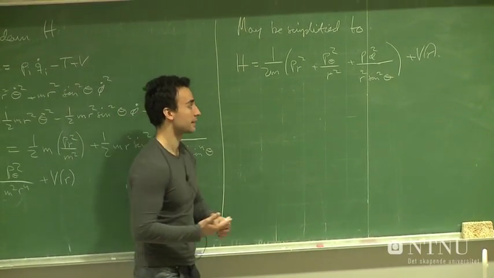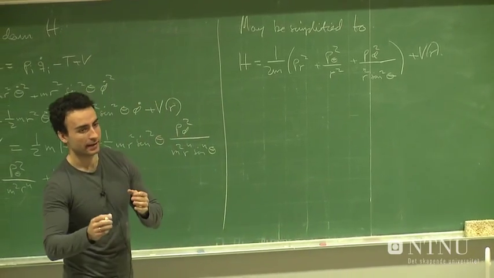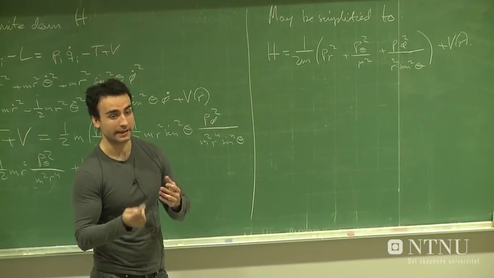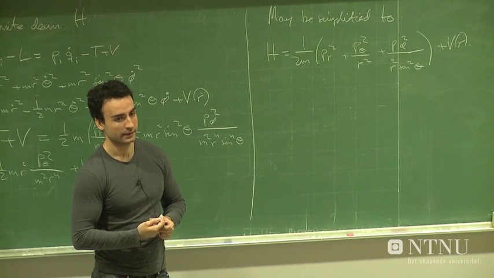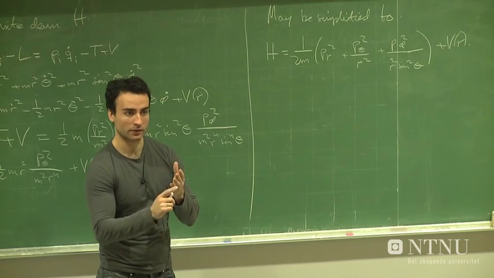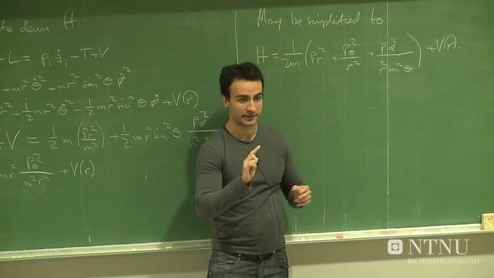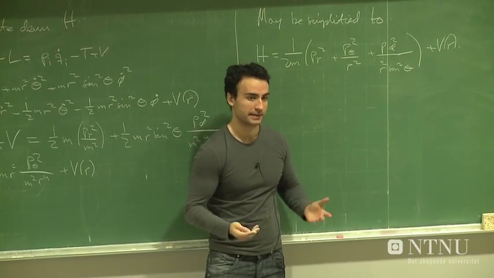They become infinitely large. For a fixed p theta and p phi, as you decrease the radius, you get an infinite amount of kinetic energy, because you would need a huge centripetal force in order to keep a particle in an orbit with a given momentum as this radius goes to 0. So this makes sense.